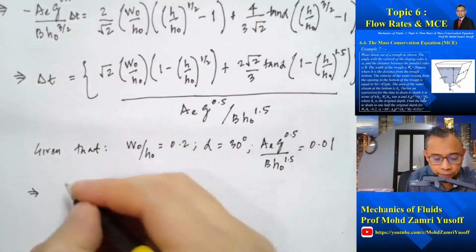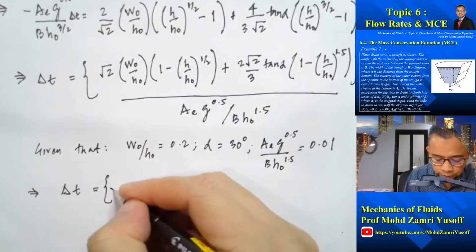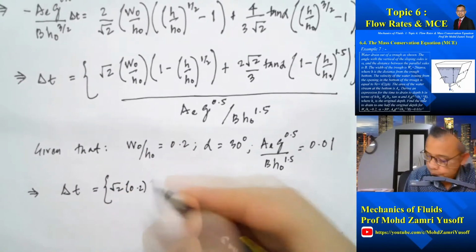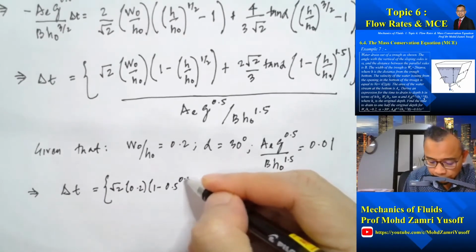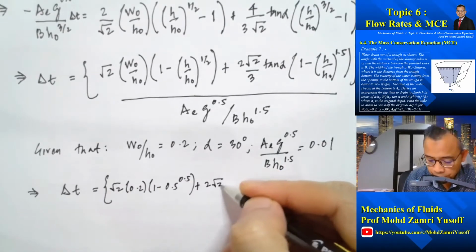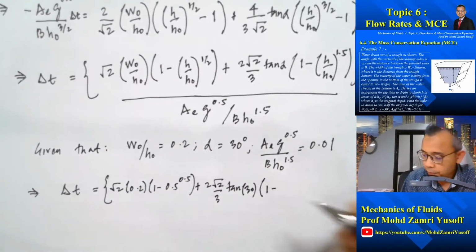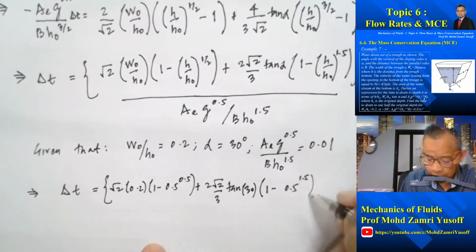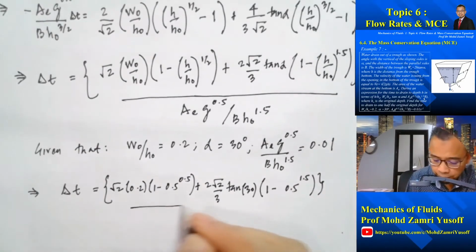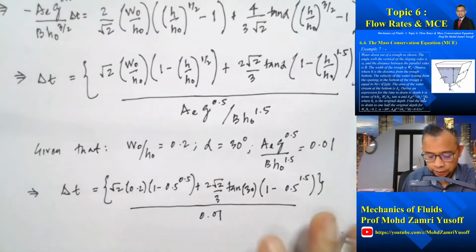If we substitute the values, we get delta T is equal to root 2, 0.2, 1 minus 0.5 to the power of 0.5, plus 2 root 2 over 3 tangent 30, 1 minus 0.5 to the power of 1.5, everything divided by 0.01.